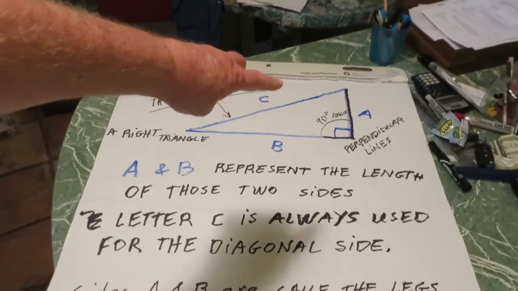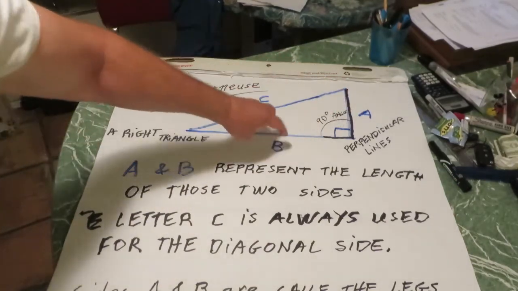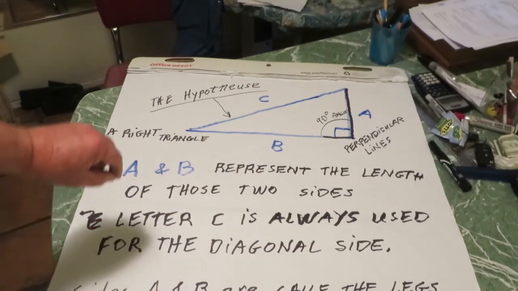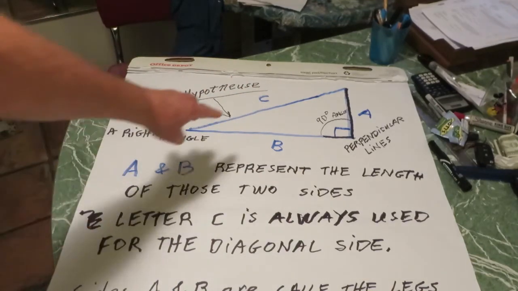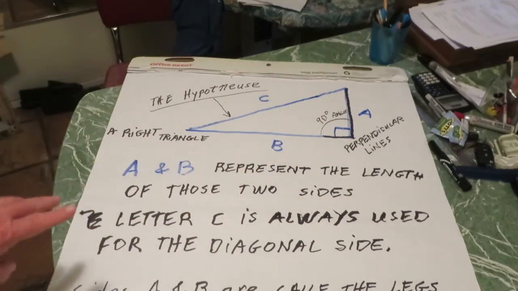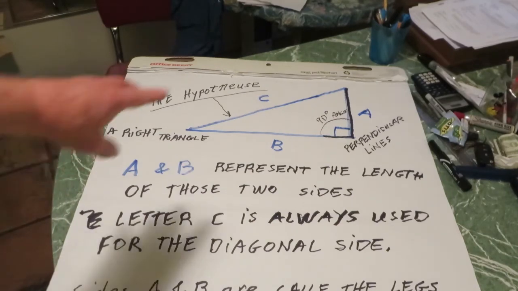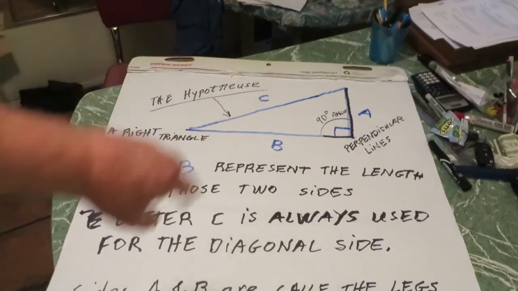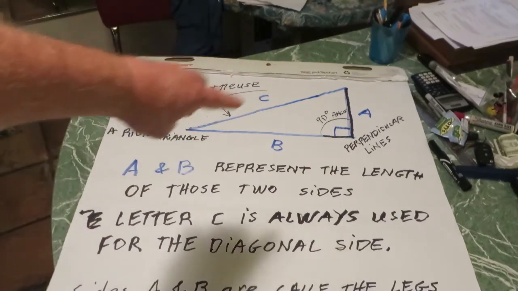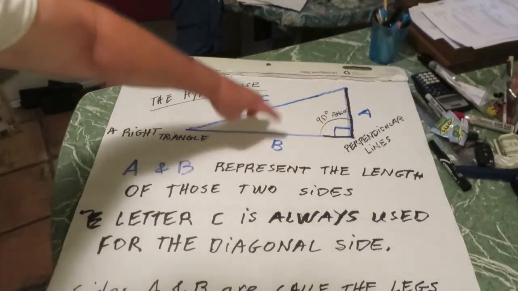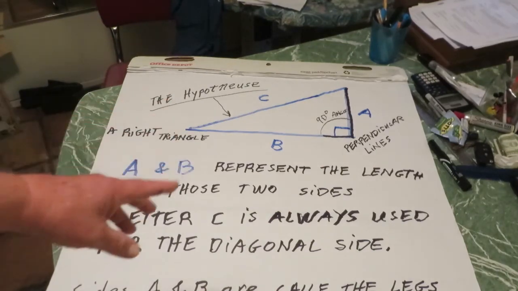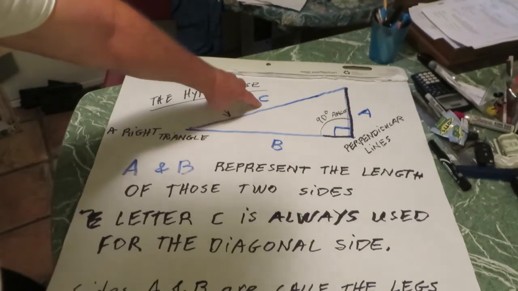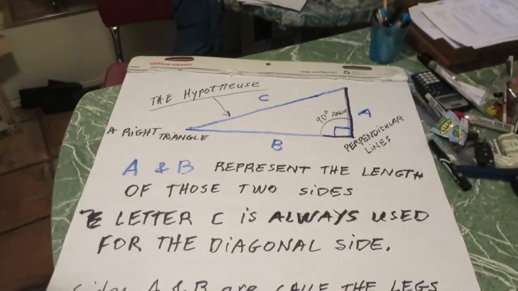If I know the length of A and B, I can figure out the length of C. And if I know the length of C and B, I can figure out A. And it's not a simple matter of adding the lengths. If the length of A is 5 and the length of B maybe is 10, you can't just add them together to get the length of C.